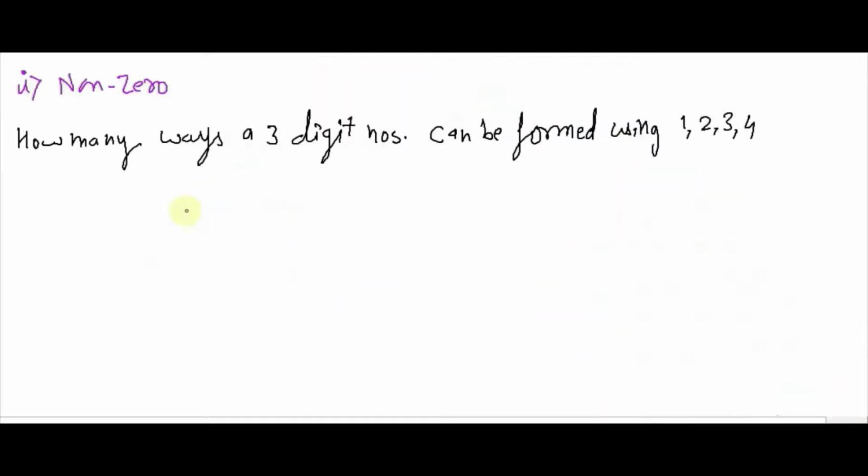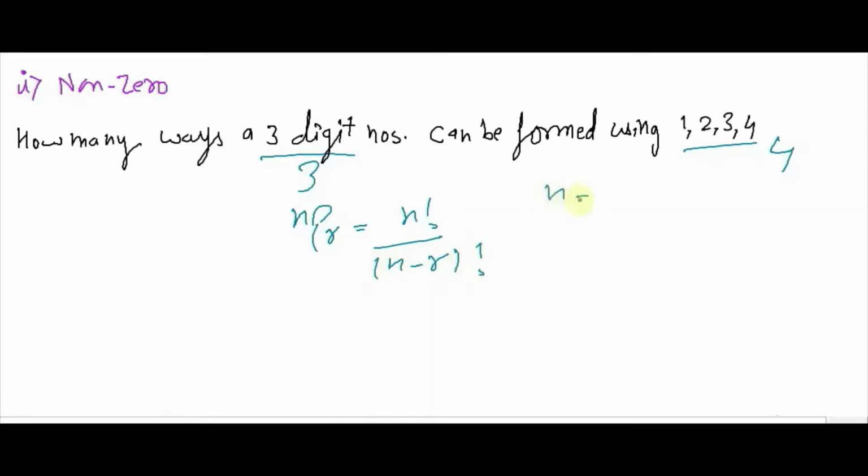Now let's deal with the non-zero type. The question is, in how many ways can a 3-digit number be formed using 1, 2, 3 and 4? The number of digits we have is 4 and the number of spaces we have is 3. And we know the formula of permutation: nPr is equal to n factorial upon (n minus r) factorial. Here n is equal to 4 and r is equal to 3.